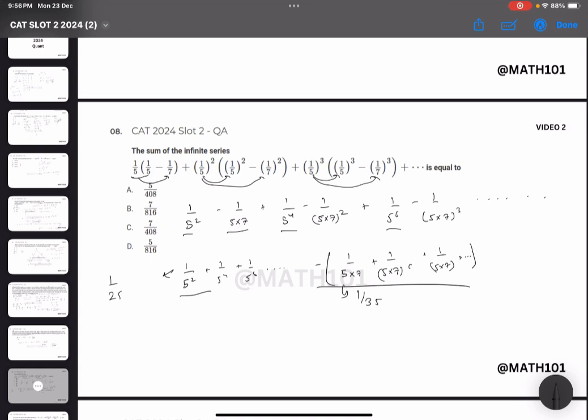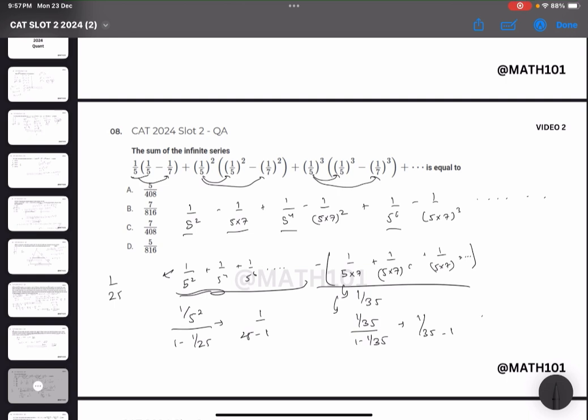So the infinite sum of a GP is first term upon 1 minus the common ratio. This is the sum of this infinite GP, and the sum of this infinite GP would be first term upon 1 minus the common ratio. So this becomes 1 upon 25 minus 1 by 25 into 25, and this is 1 by 35 minus 1 by 35 into 35.